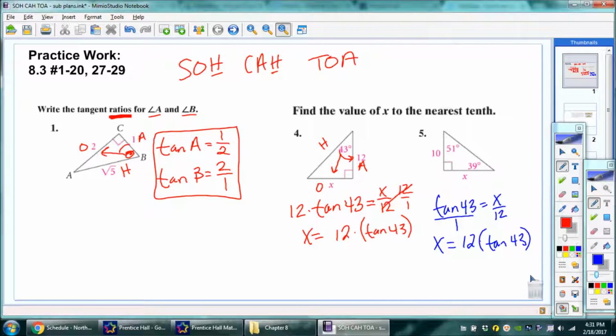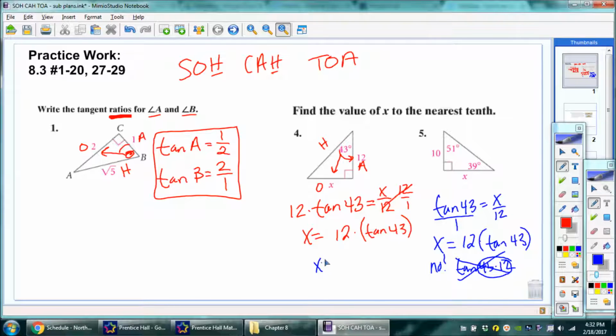So when you put this in your calculator, make sure that you're not putting in, no, don't do this. Don't do tan of 43 times 12, because then you're taking the tan of this angle, which you don't want to do. So I would overemphasize the parentheses, so 12 times parentheses tan of 43, or even tan of 43 enter times 12.